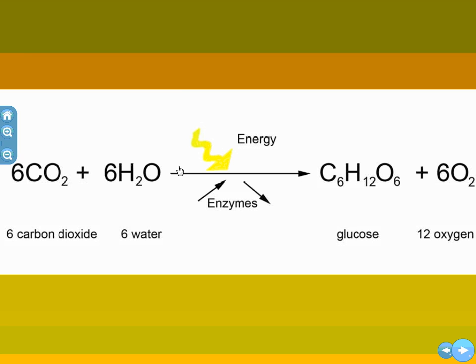And when you mix those together, along with sunlight, which is energy, and then you mix in some enzymes within the plant, you end up with a molecule right here called glucose, and this is the sugar, by the way, and then 6 O2, so 6 molecules of O2, which if you do 6 times 2, that's 12 oxygen atoms, but it's 6 oxygen molecules.